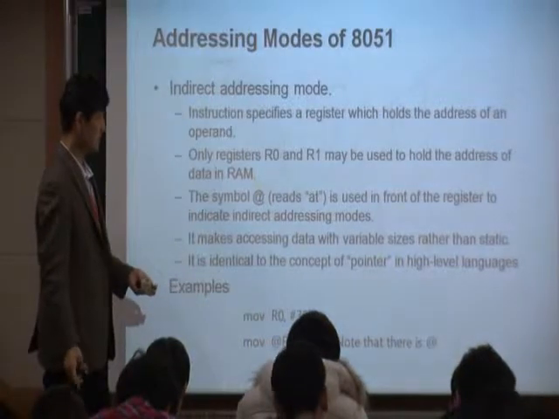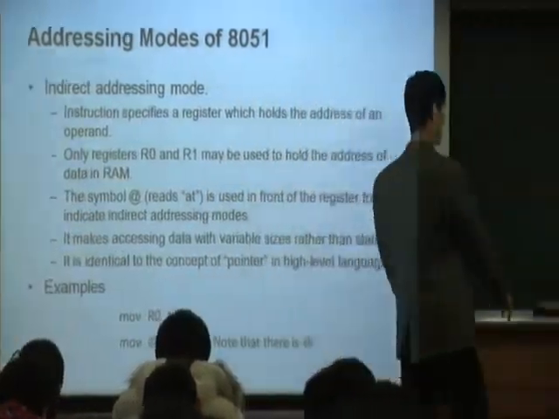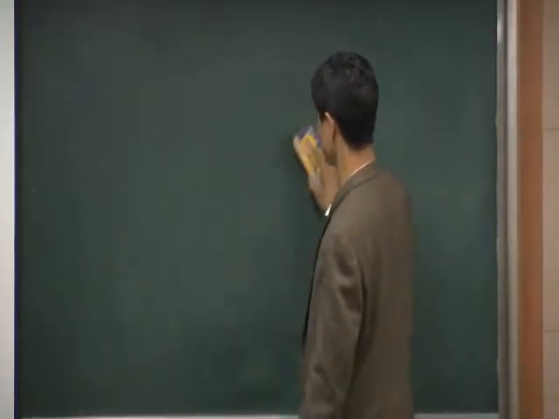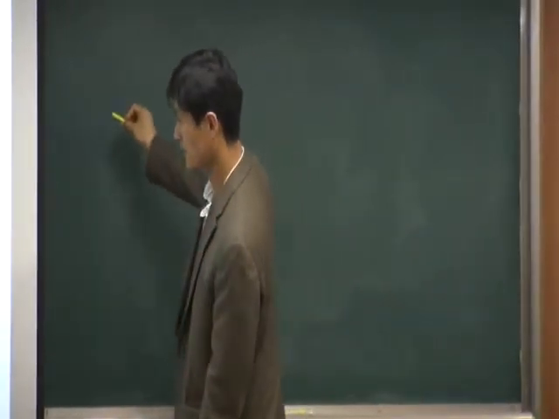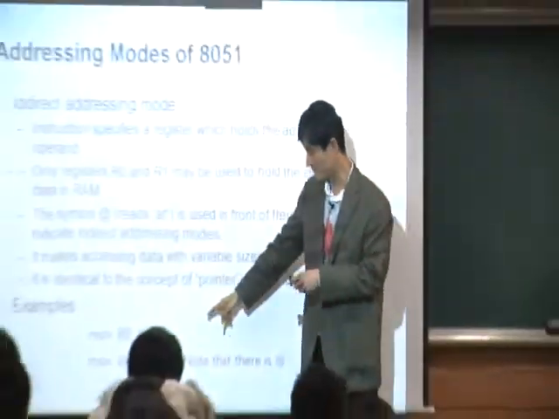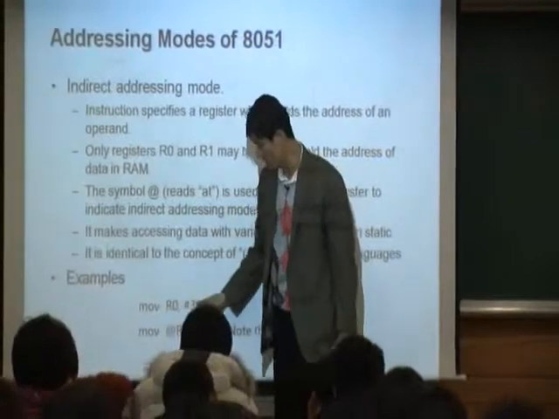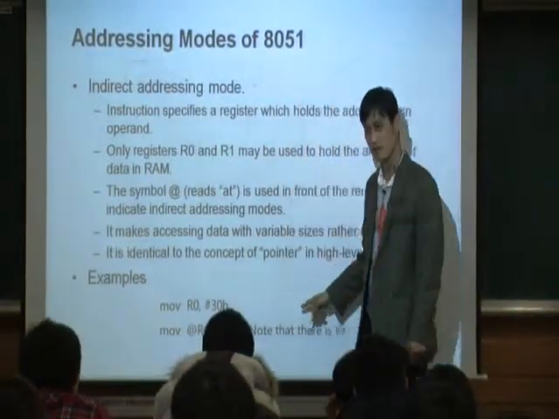Right, so let's look at an example here. It's easier to look at an example. First of all, in this example, let's execute the first one. You know the first instruction uses immediate addressing, right?